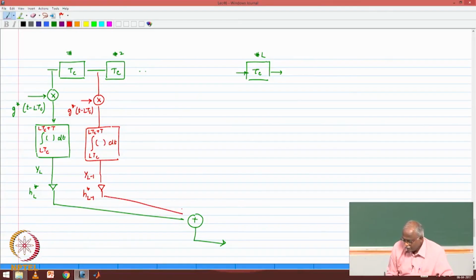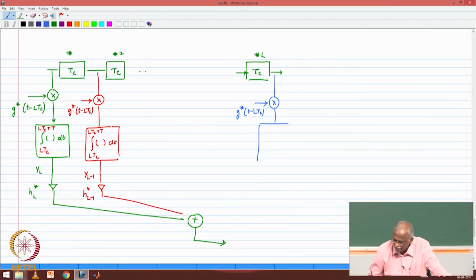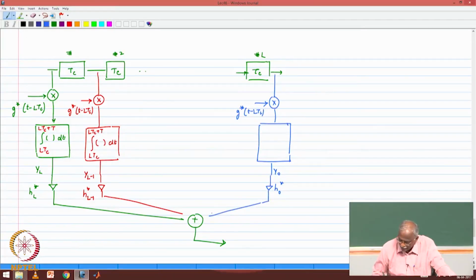And just the last one alone, we'll use a different color, blue. This one also gets multiplied by G star of T minus LTc, followed by an identical integrator. The output of this, we call Y subscript 0. It's going to be multiplied by H0 star, and this is going to go to the adder.